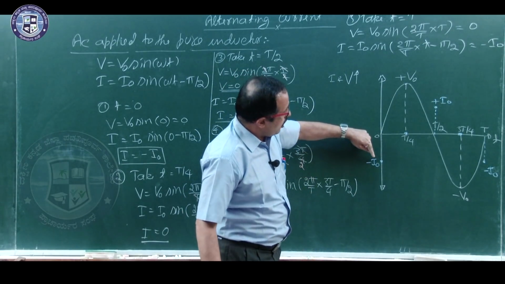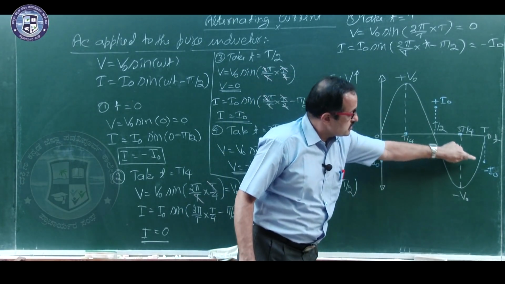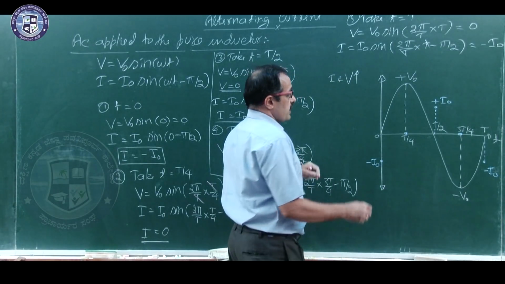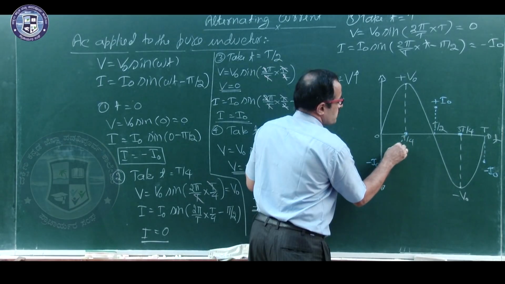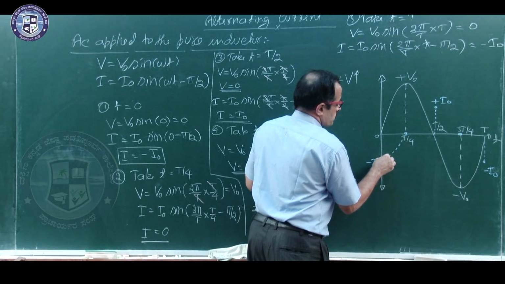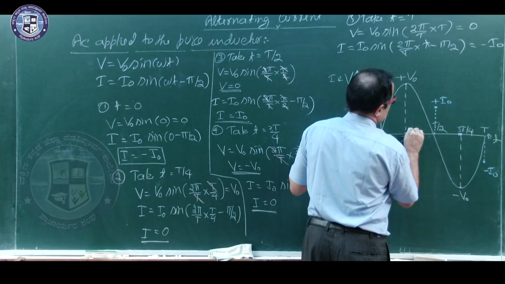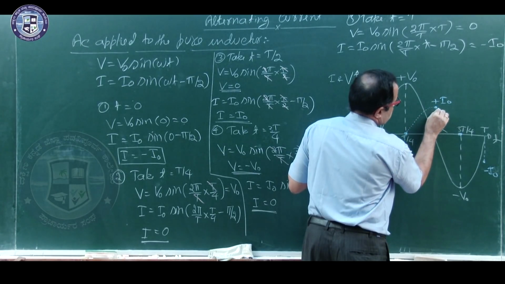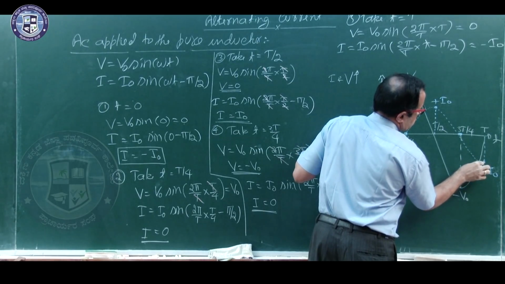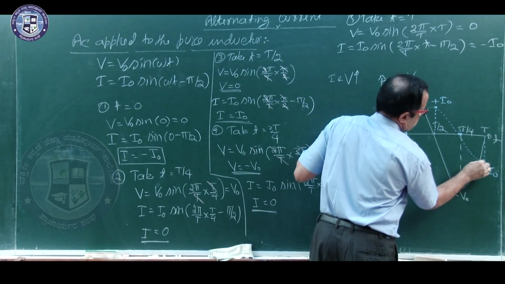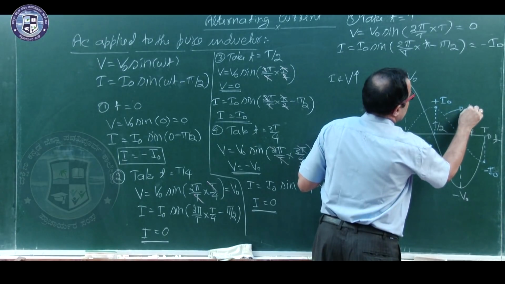Now, we join all these dots. It is the graph of current. So, it goes like this. It is the graph of current.